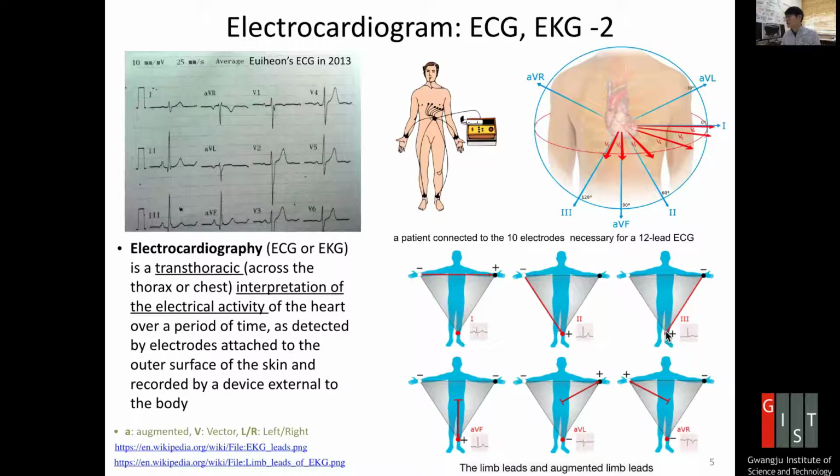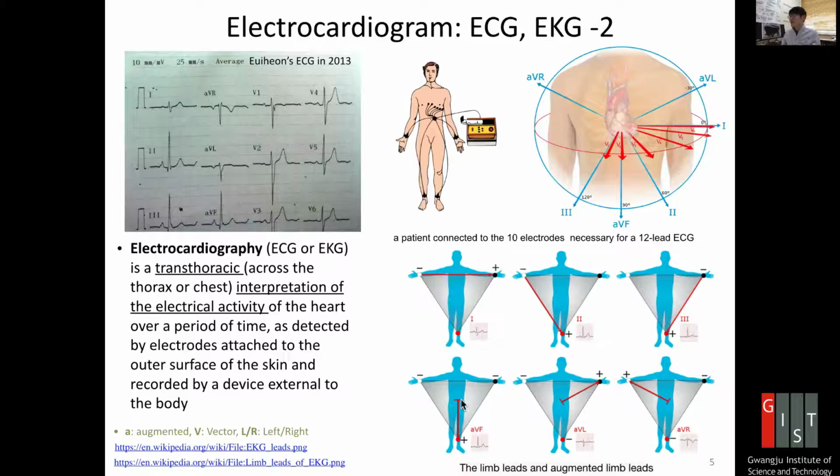So this creates three vectors in the plane: I, this vector, II, this vector, and III, this vector. Another way is to consider the body as 120 degrees apart, giving aVL, aVR, and aVF, which is also a good way to visualize.